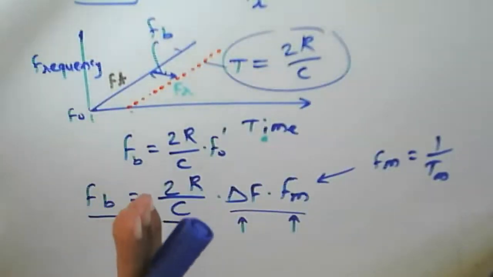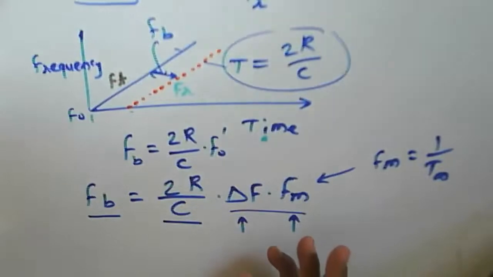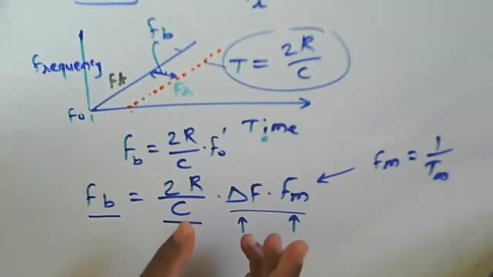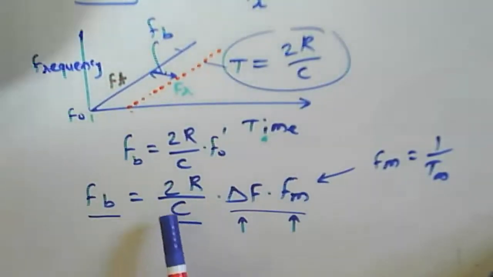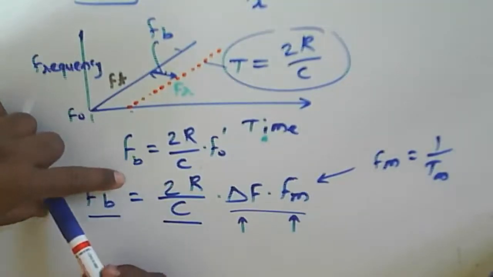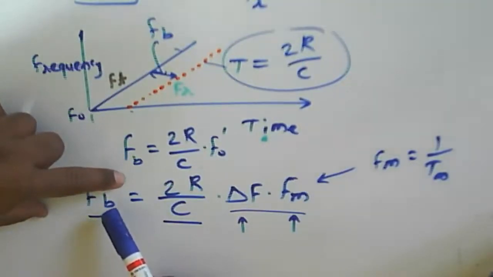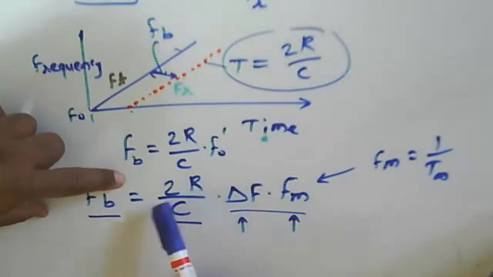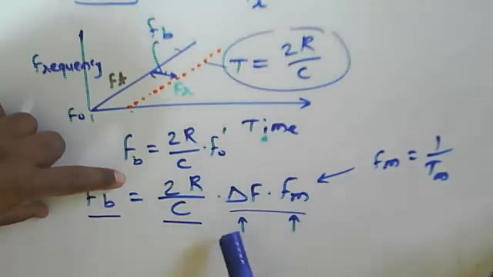Now if we assume some particular frequency, suppose we make some assumption related to the beat frequency, we can calculate the range through all of this.